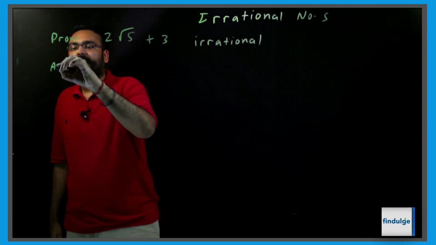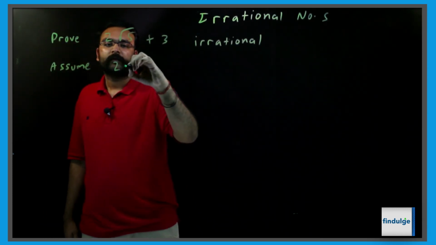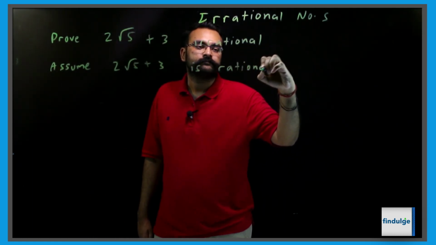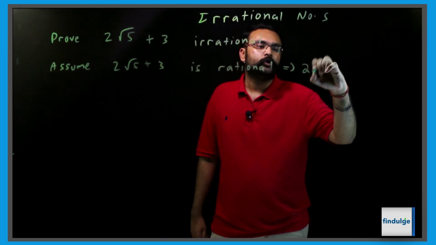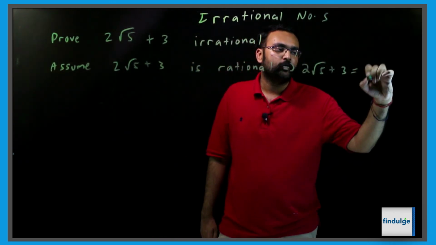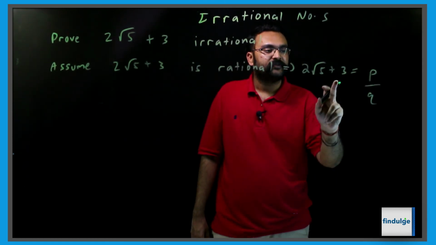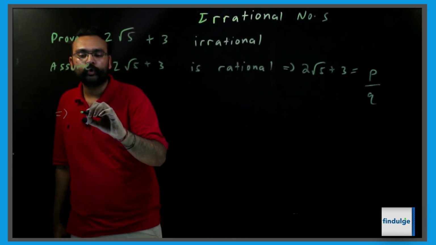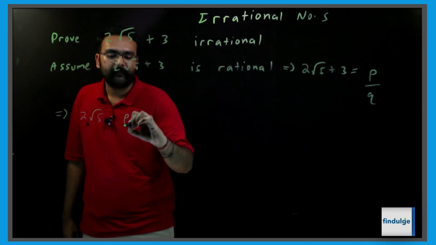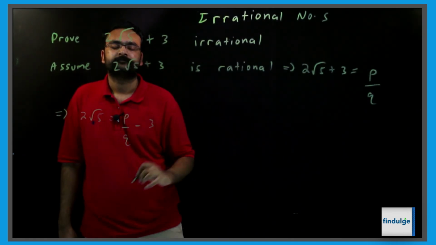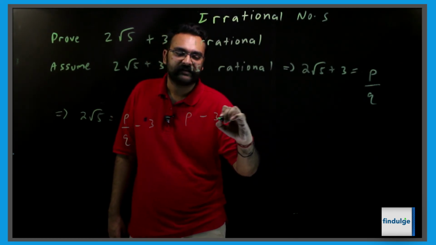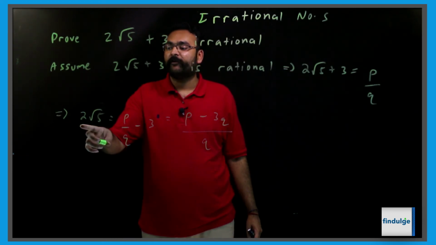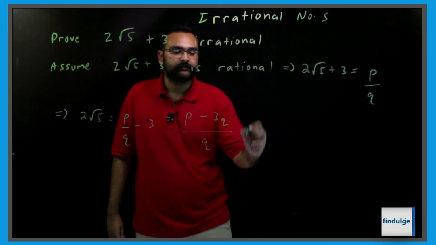So again, assume 2 root 5 plus 3 is rational. This implies 2 root 5 plus 3 is equal to p by q. First, I'll shift my 3 here. So it implies 2 root 5 is equal to p by q minus 3, which is equal to p minus 3q by q.